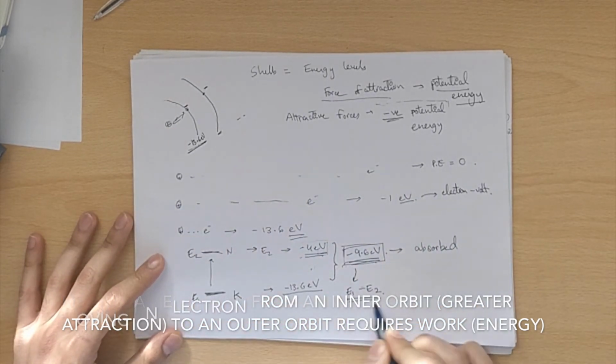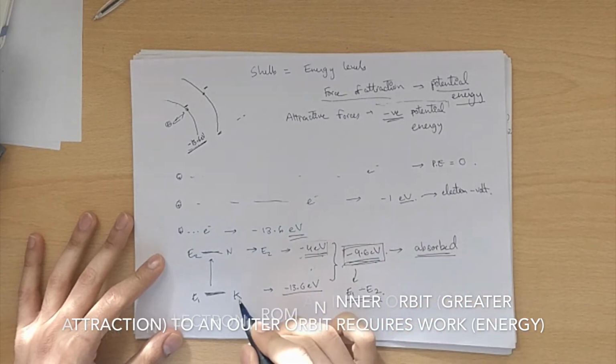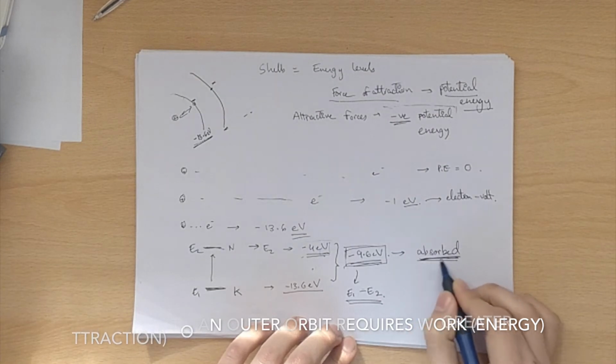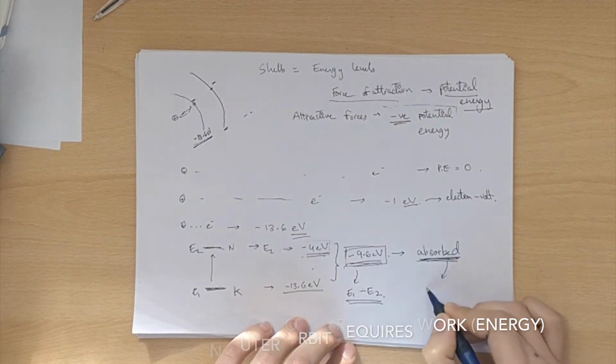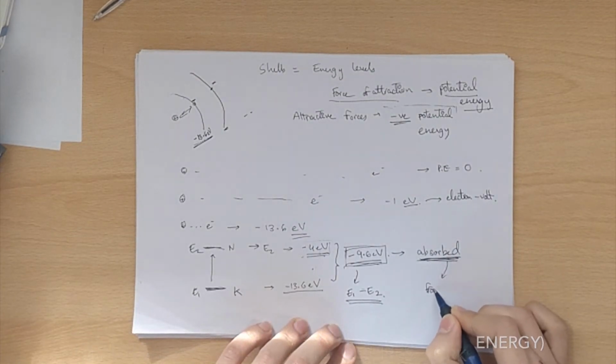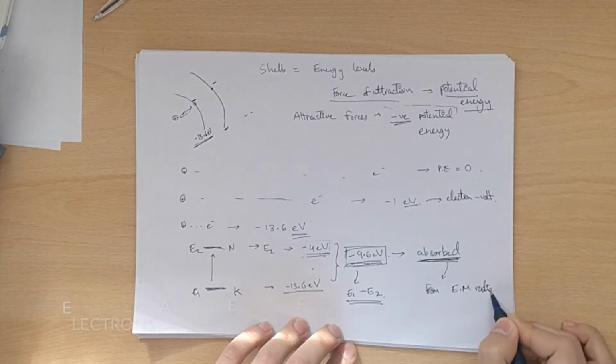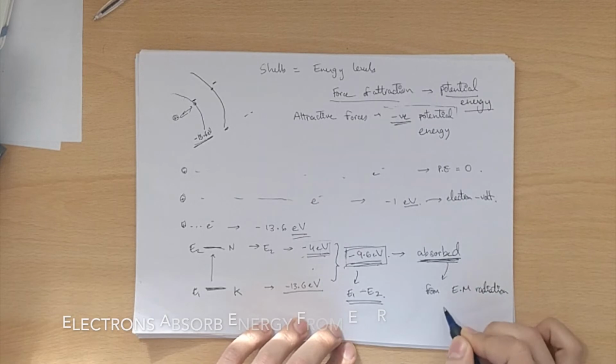And this energy should be absorbed by the electron to go up. Now this energy is absorbed from electromagnetic radiation, or as you probably know it, light.